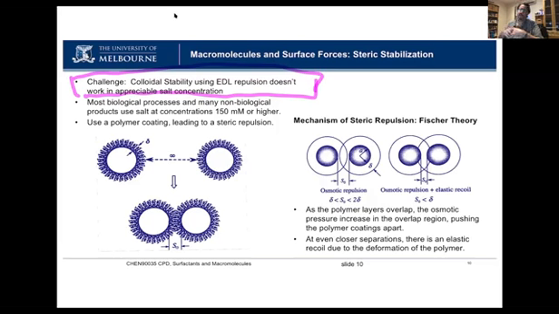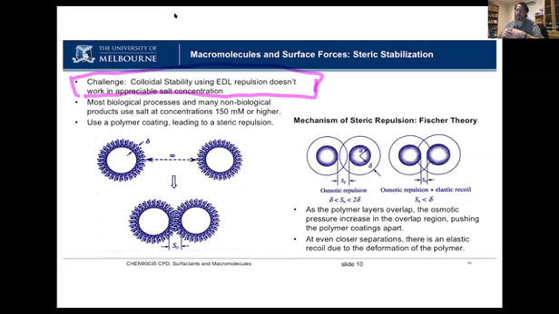Now, the problem with that is most biological fluids have around 150 millimolar saline in them. That's salt water, that's what's in blood. So there are a lot of scenarios where you do have salty water. If we design products or particles and want them to stay stable, we may not be able to use the electrical double layer, particularly in most biological processes.